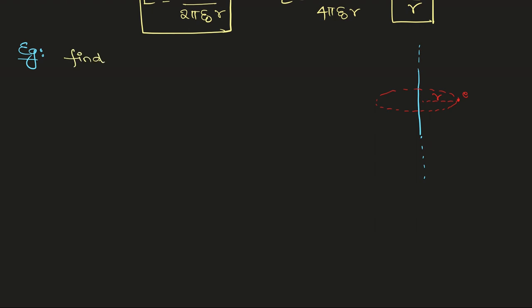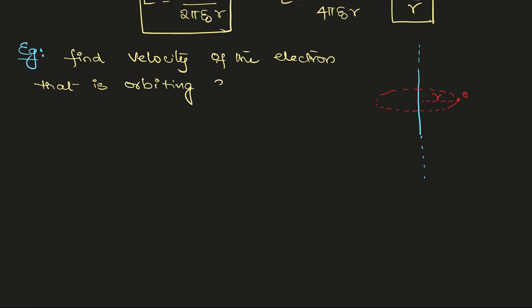Find the velocity of the electron orbiting around this wire. Then the electrostatic force will provide the necessary centripetal force.